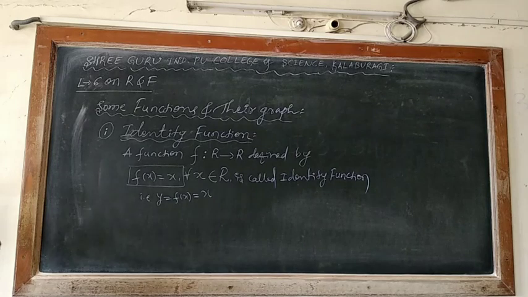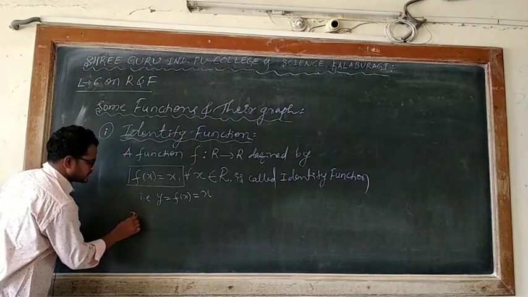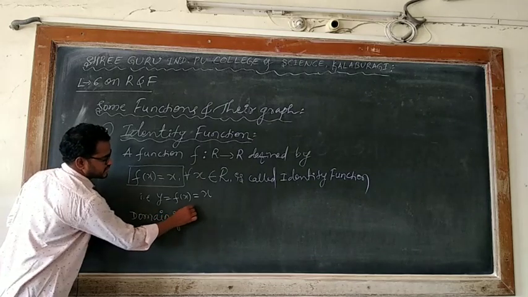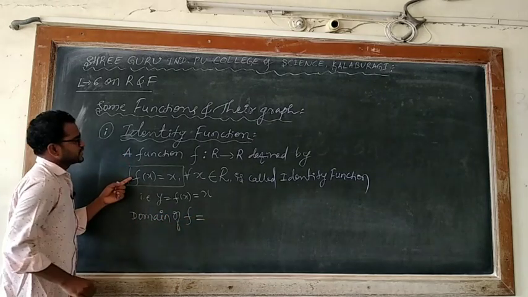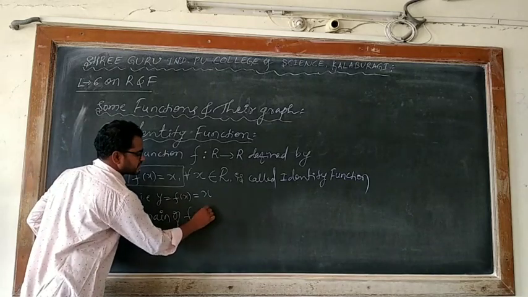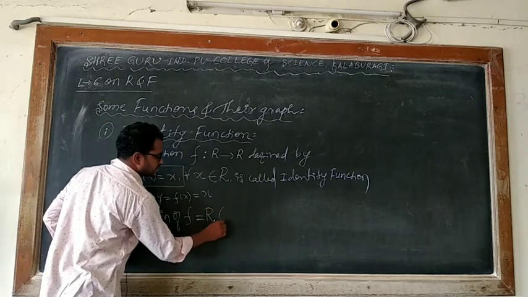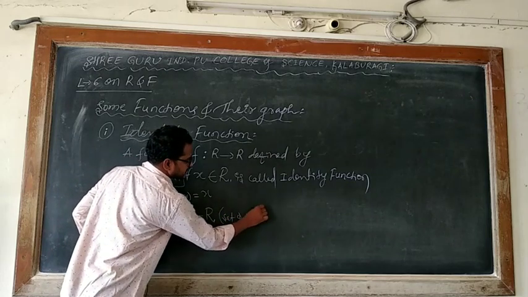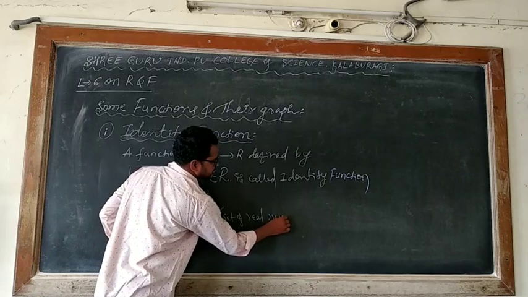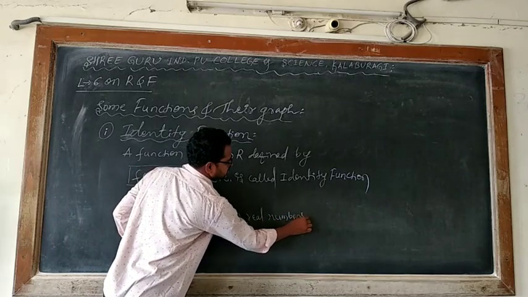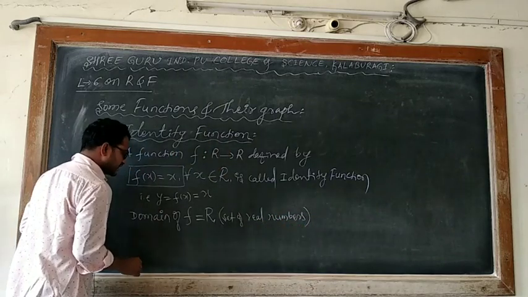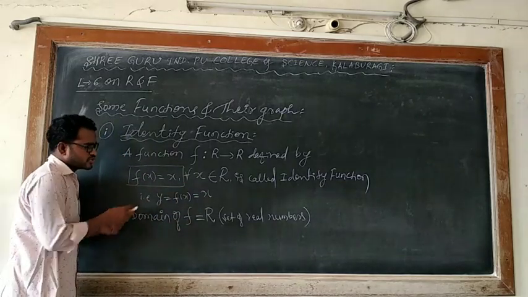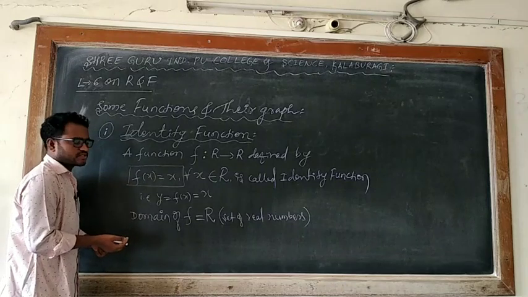The domain of f is the set of real numbers. What is the range? Whatever x value you take, you will get the same y value, because y is equal to f of x is equal to x.